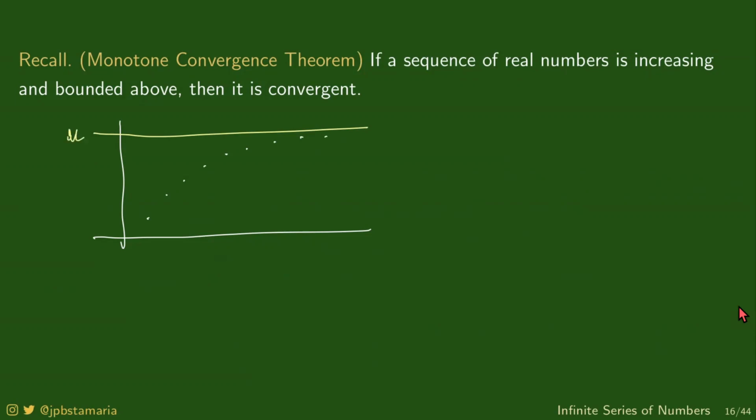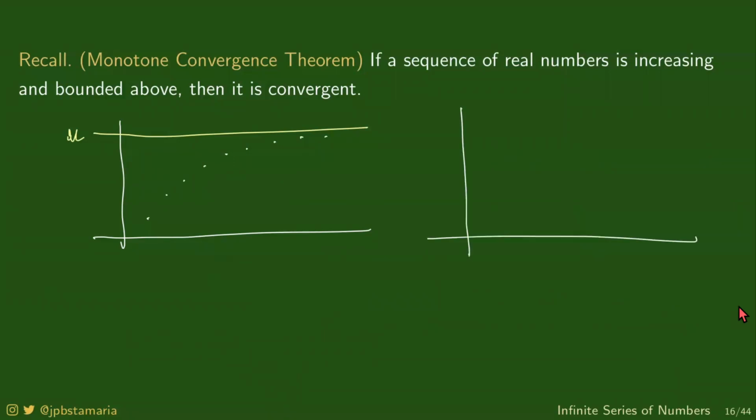So, tandaan nyo na, if the sequence of real numbers is increasing, and you found out that it has an upper bound, then it must be convergent. Correct? Naalala nyo to? You remember this? Meron tong kakambal. Ano yung kakambal niyang result?